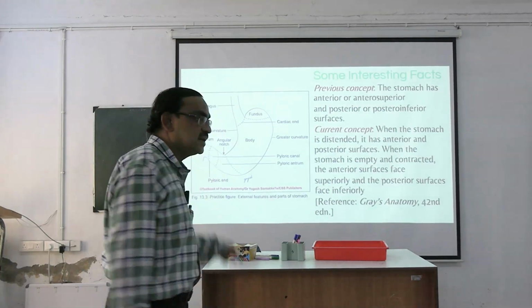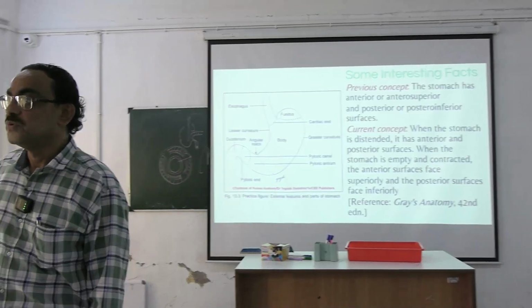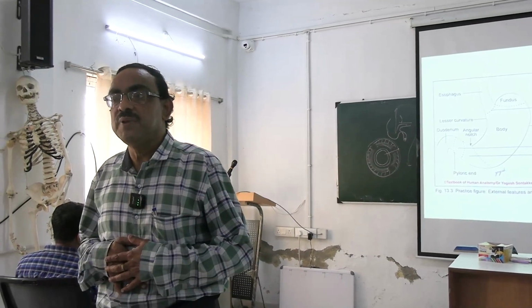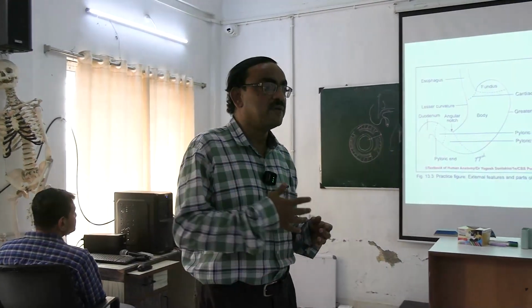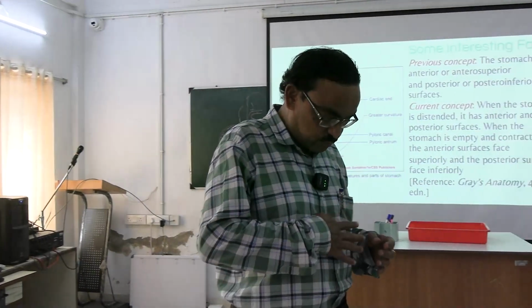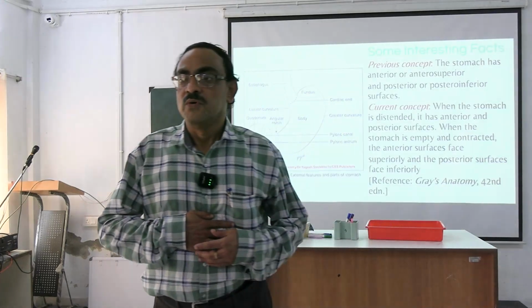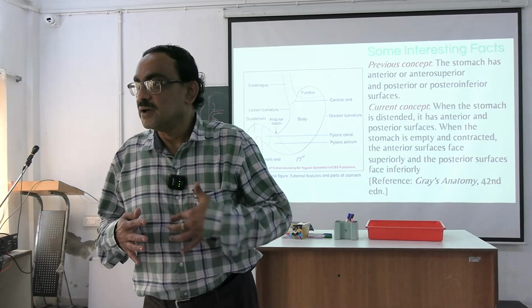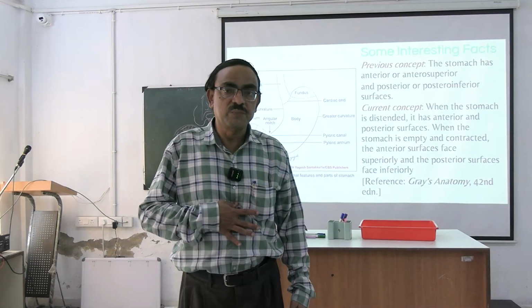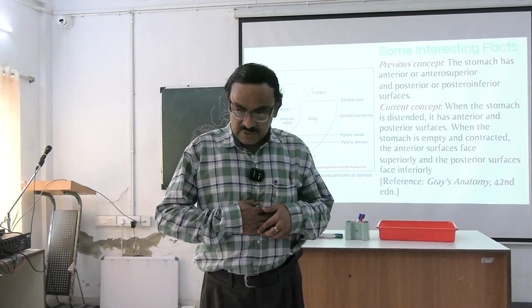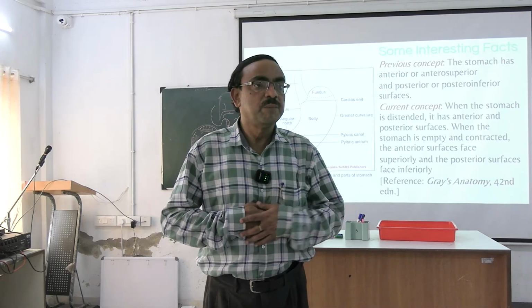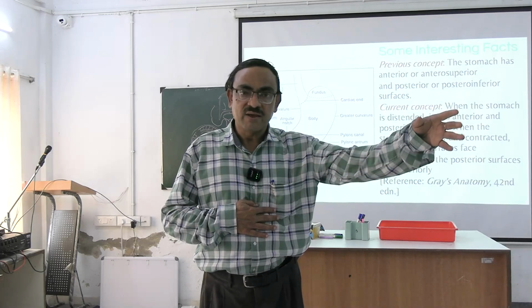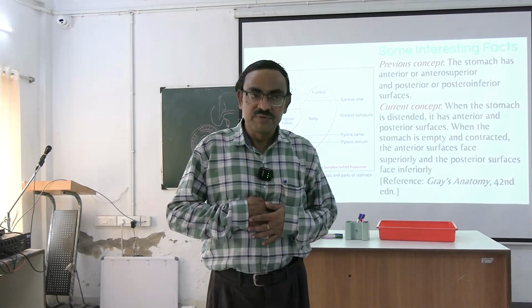Similarly, the other end, that is the pyloric orifice, is situated around the transpyloric plane. How can we draw a transpyloric plane? We can put one palm just below the xiphoid process, one breadth of the palm of the same person, not like I cannot put my palm there, of the same person.